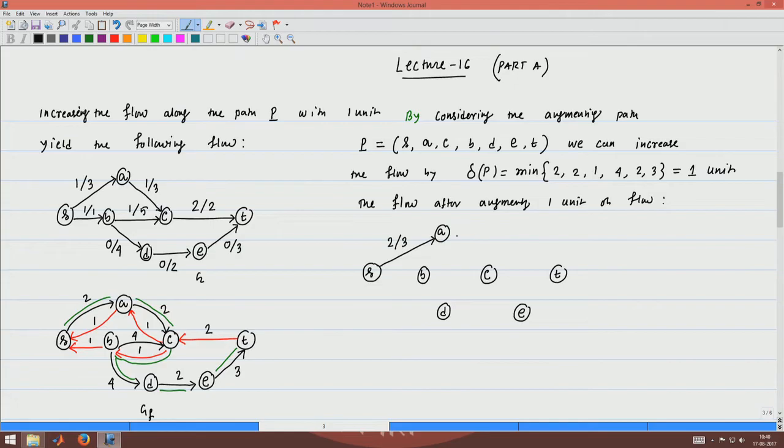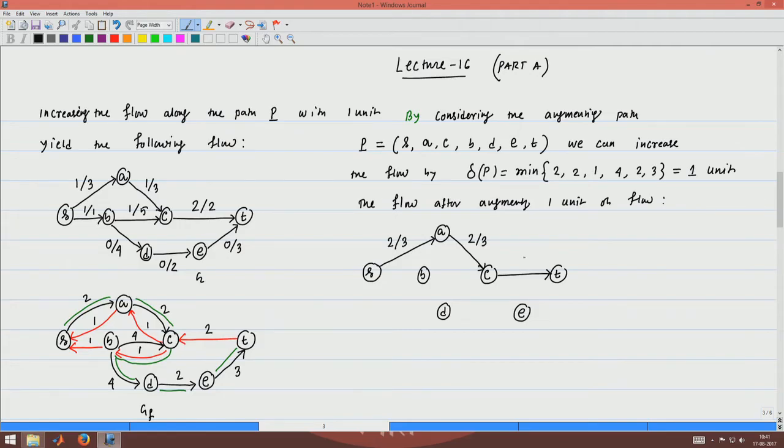Along A C, before the flow was 1, now it will be 2, and the capacity is 3. C T is not involved in the augmenting path. You can see the augmenting path in green color.